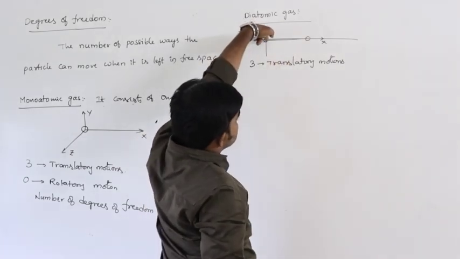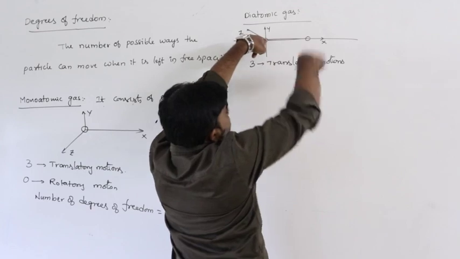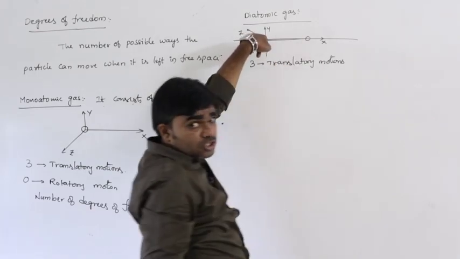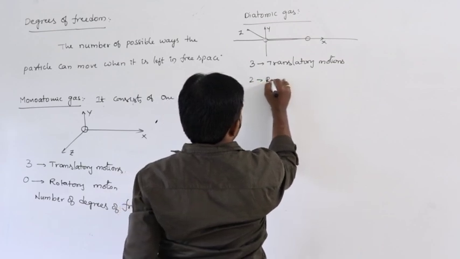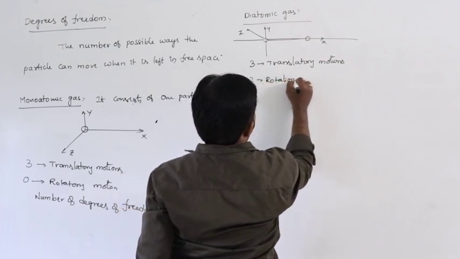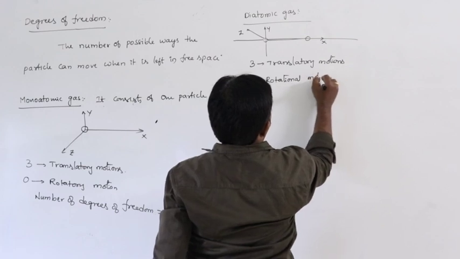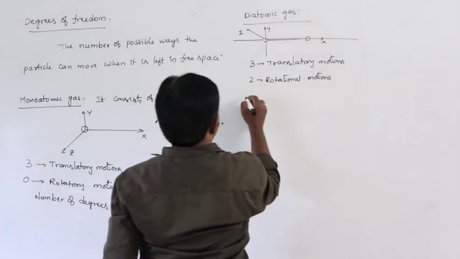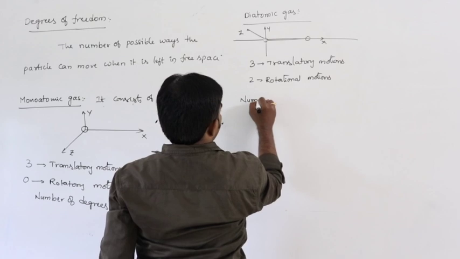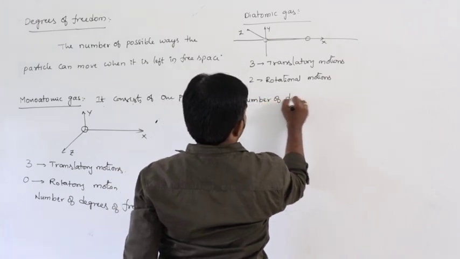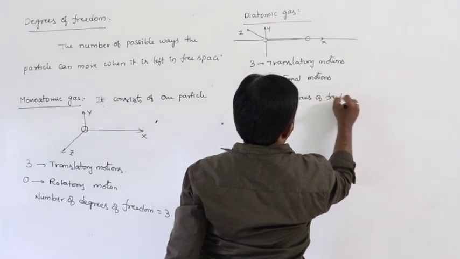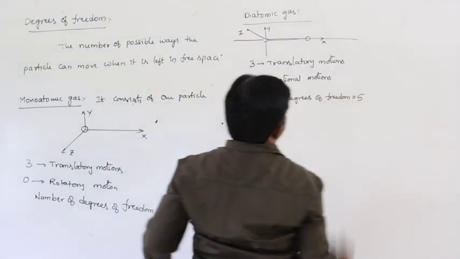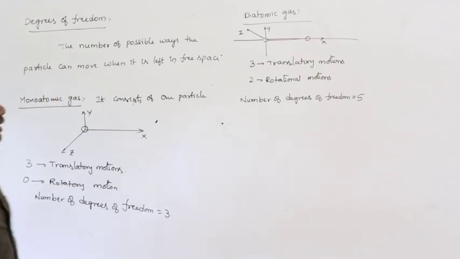And here is the z-axis, and the molecule may rotate about the z-axis. That rotation is also considerable. So only two rotational motions. What is the number of degrees of freedom here? It is 5. So for diatomic gas, the number of degrees of freedom is 5.